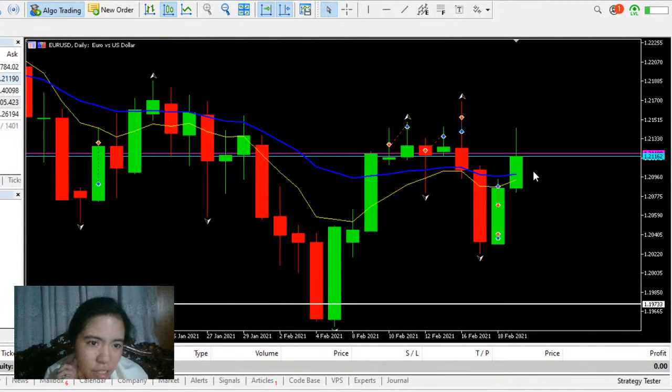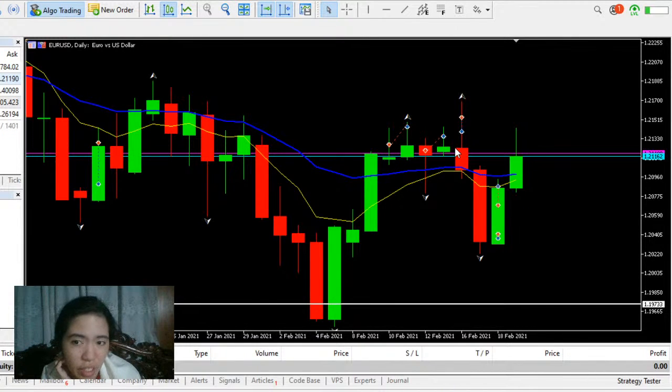It means that it's losing its bearish power. It may turn bullish once it's crossed. So we will see that in the coming days, or in this coming week, if it's going to cross.